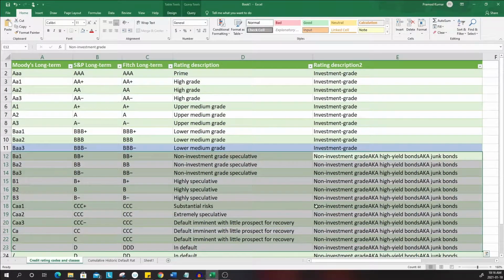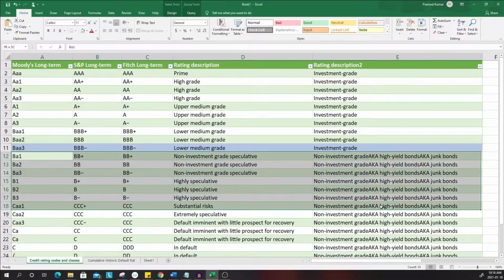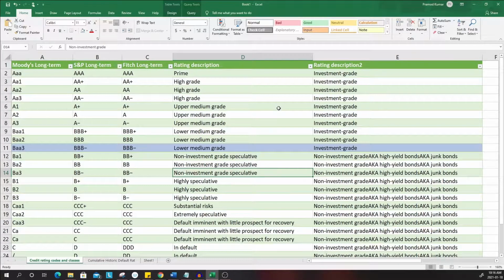If it's a non-investment grade, it can be called a high yield bond or a junk bond, which pretty much mean the same thing. How is it distinguished between the two parts?